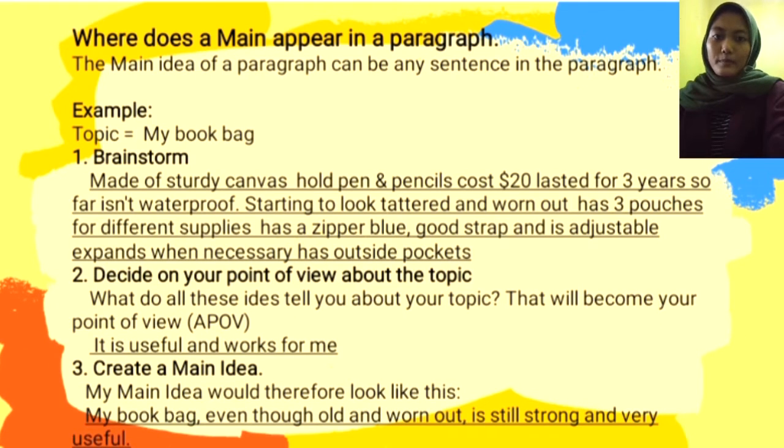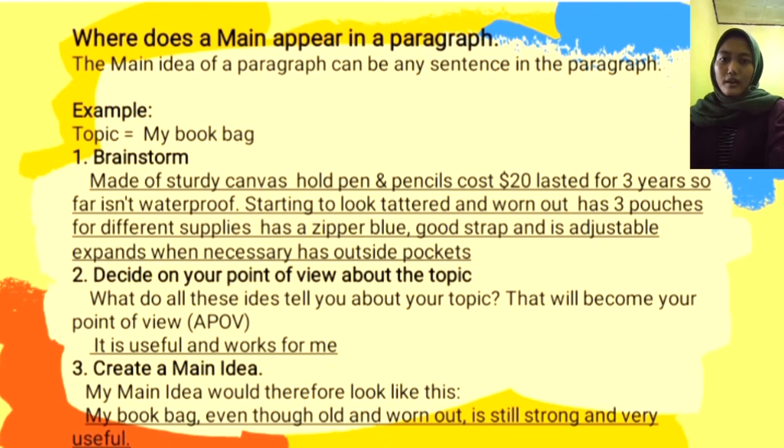Where does a main idea appear in a paragraph? The main idea of a paragraph can be any sentence in the paragraph. Example, topic: my book bag. Number one, brainstorm. Made of sturdy canvas, holds pens and pencils, cost $20, lasts for 3 years.